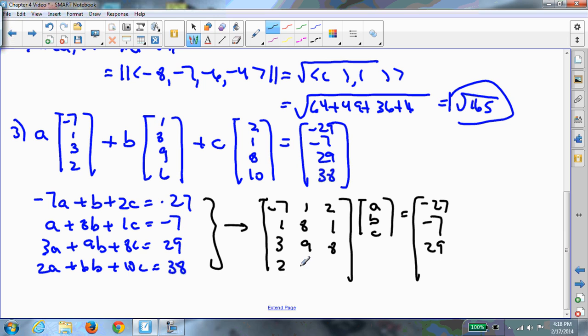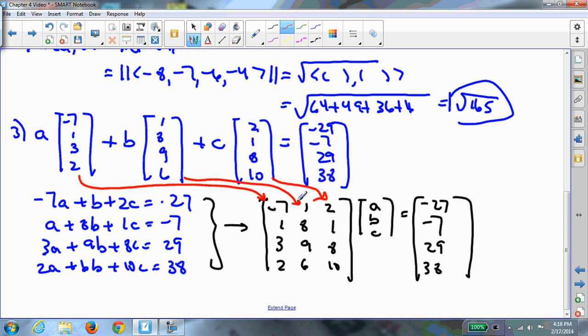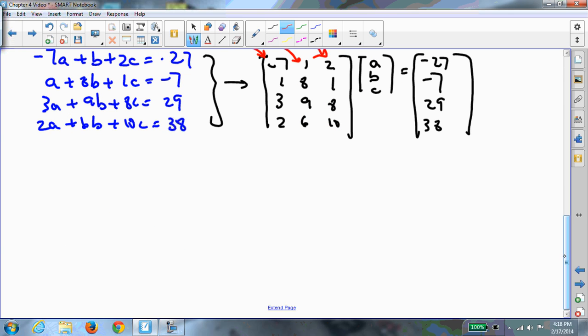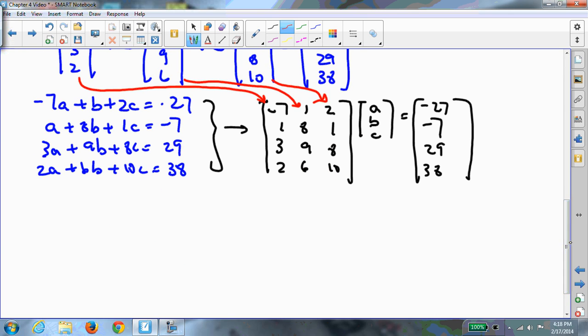And 2, 6, 10 would have to equal 38. But notice, those are exactly my vectors u, v, and w, written as columns.